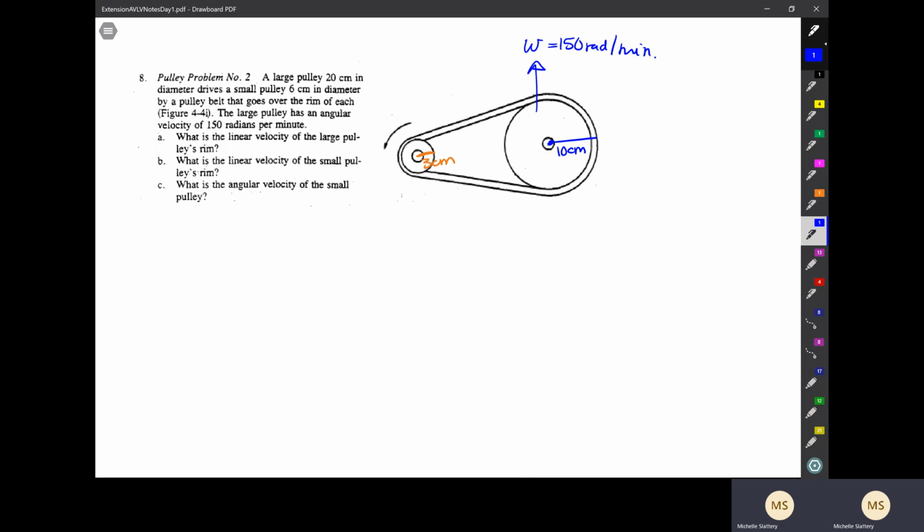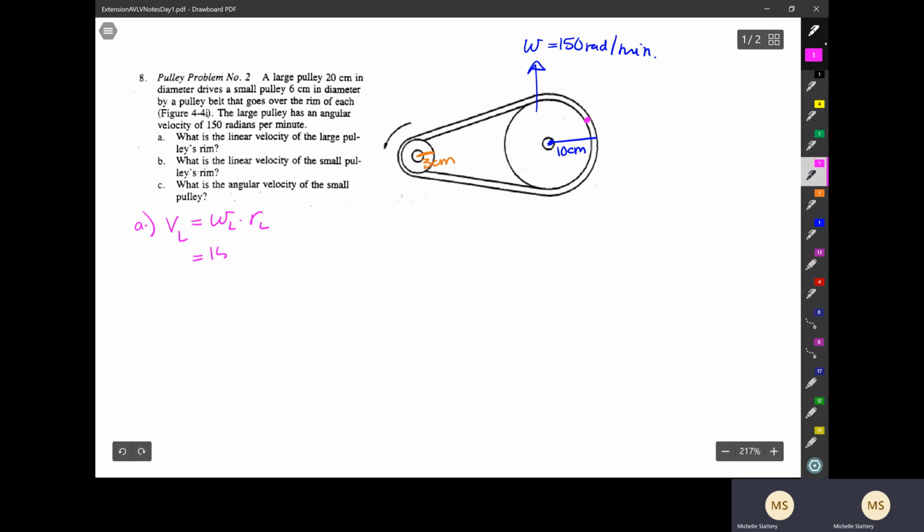All right. So part A, what is the linear velocity of the large pulley's rim? Okay, let's go ahead and find that. The linear velocity of the large pulley, I'm going to call it V of L for large. It's the rim, so it's talking about a point on that belt that goes around. Here I know that that's going to be the angular velocity times the radius. So it's the angular velocity of the large one times the radius of the large.